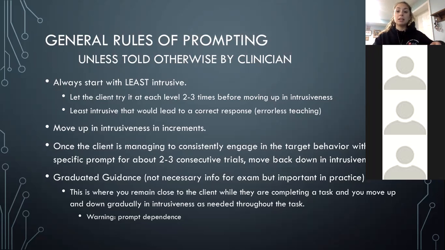Maybe this time I'm going to give a partial physical prompt where I just nudge him in the right direction. And maybe he's getting it 2 or 3 times. Again, 2 to 3 times of correct responses. I'm going to move down again to maybe a nonverbal prompt. I'm going to give him about 2 to 3 times with that one, and then we're going to shoot for the independent one, okay? So our key number is about 2 to 3 times before you're moving up or down in intrusiveness of prompting.